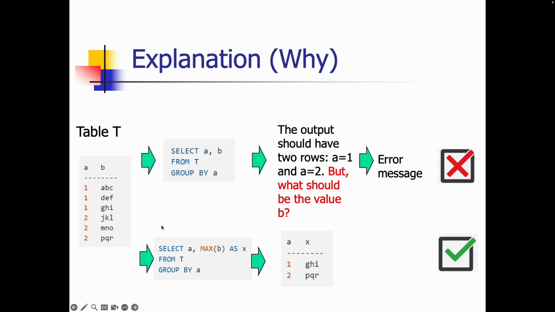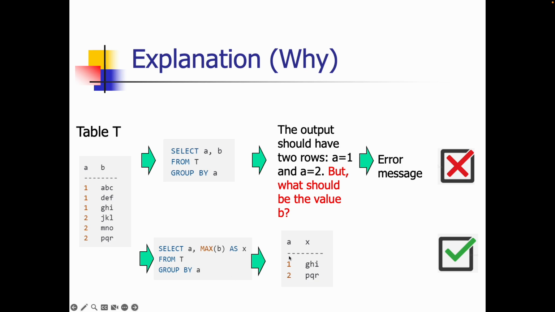The main reason is that when you're using aggregated functions, you know which value you have to provide for the B column here or X column here. But if you don't, you don't know what you have to provide. So for instance, if you write select A and B from table T group by A, it means your output should have only one row for A equal to 1, one row for A equal to 2, right?